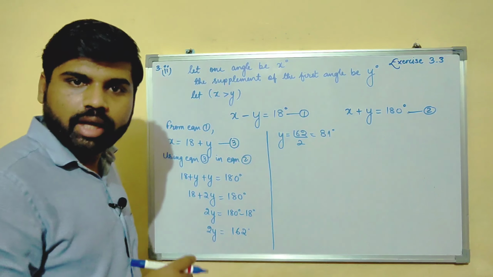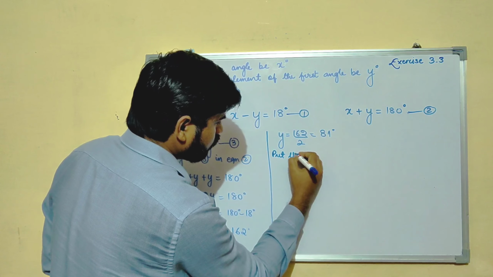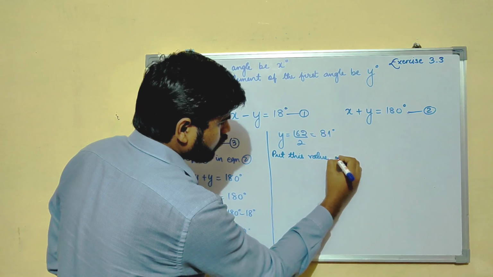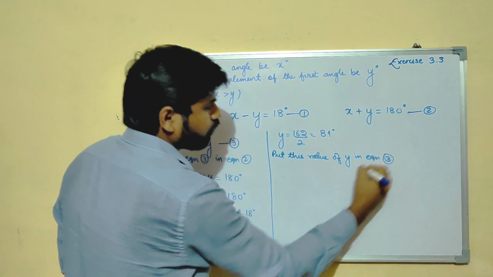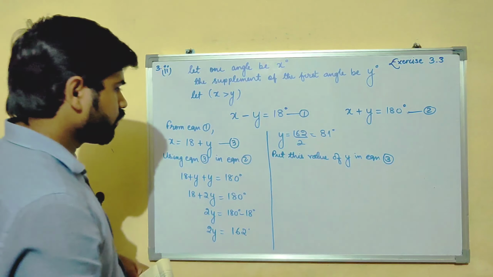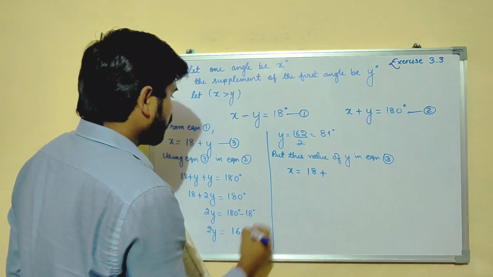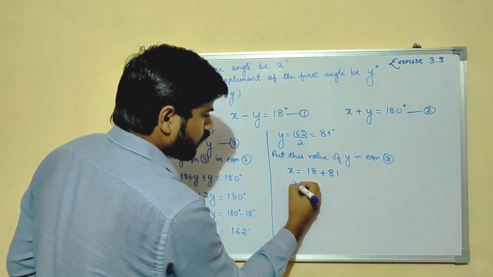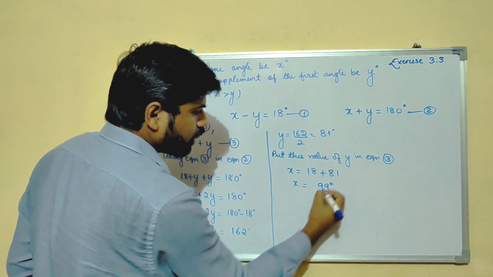Let us find the value of x also. Put this value of y in equation 3. See, x is equal to 18 plus 81. So x is equal to 99 degrees.